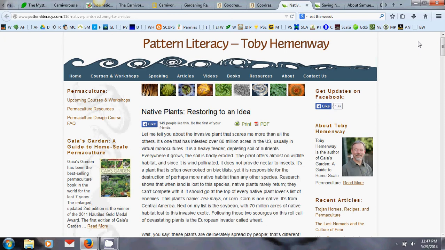If there's a native plant that will do the job you need, then go for that one first, because it already has a lot of connections to the ecosystem that you're in. You don't have to encourage it to have connections to other organisms in your area, because it's already adapted to do that. So if you can find a native plant that will do the job you need, go with that one. And if not, then exotics are okay.